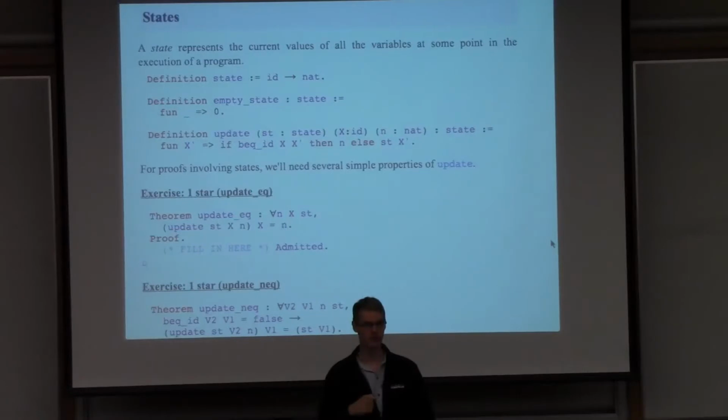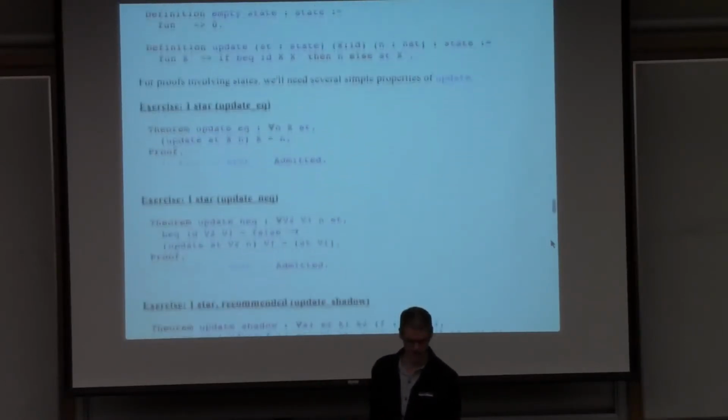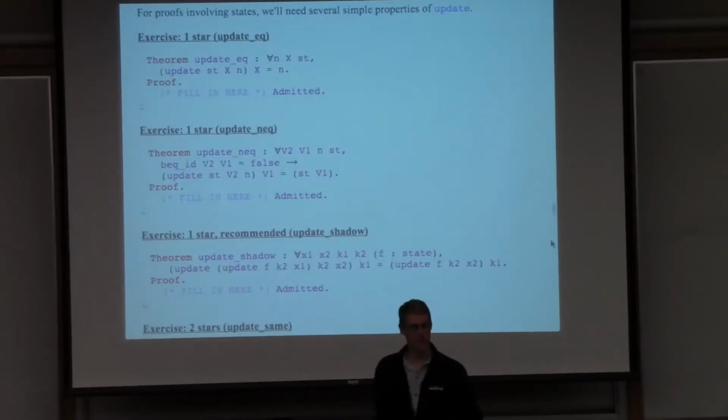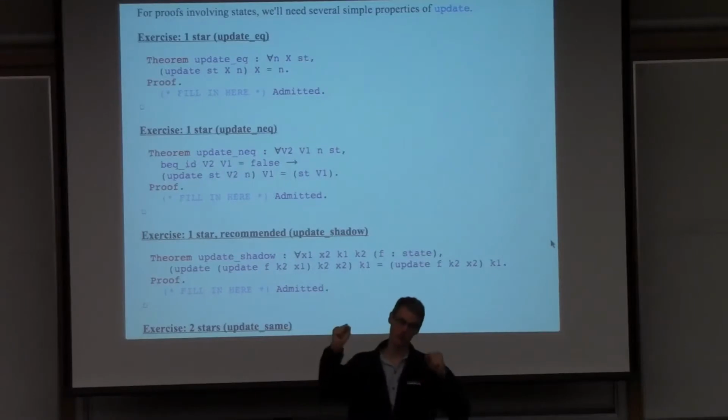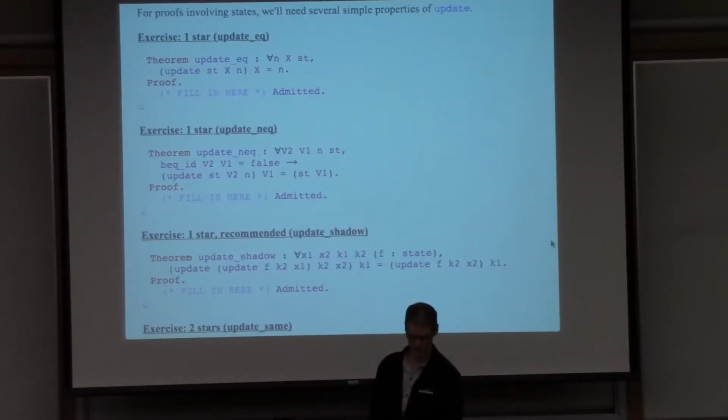That will work, but at the cost of very much unnecessary pain. Okay, and then we need some little lemmas that say, if you store something in the state and then look up that variable, you get the value that you stored, and several other similar things.